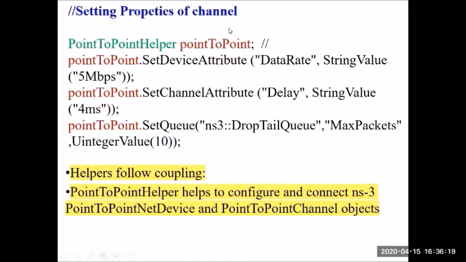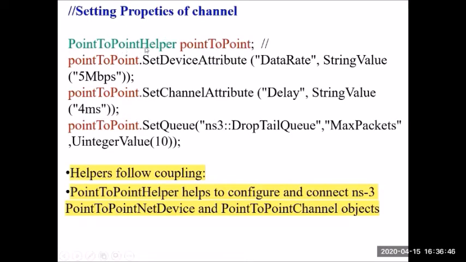For the channel to be created, remember a point-to-point channel should be created between each of the 2 nodes. For that, I'll use PointToPointHelper. Again, please notice the camel casing. PointToPointHelper is the topology helper available, and I'll use that class.